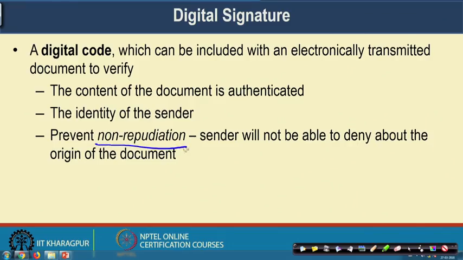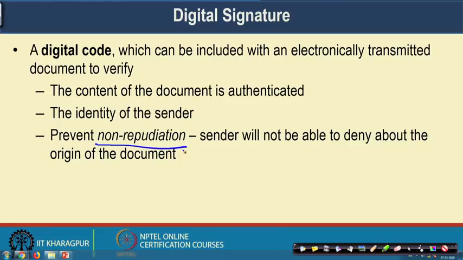Second, the digital signature also helps you to identify the user, like who has signed the document. And the person who has signed the document should not be able to deny later that he or she has signed it, or have his or her signature forged by another person. So, it broadly prevents one kind of security attack which we call non-repudiation.